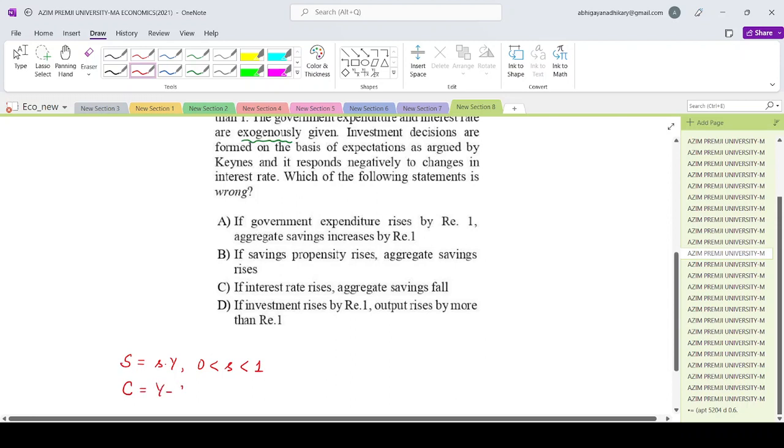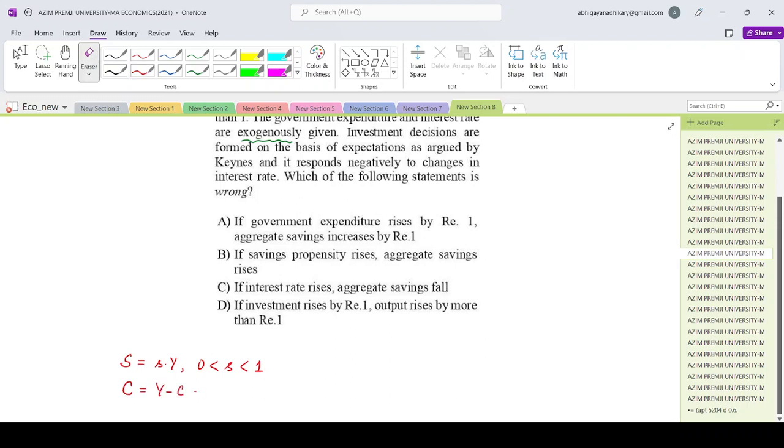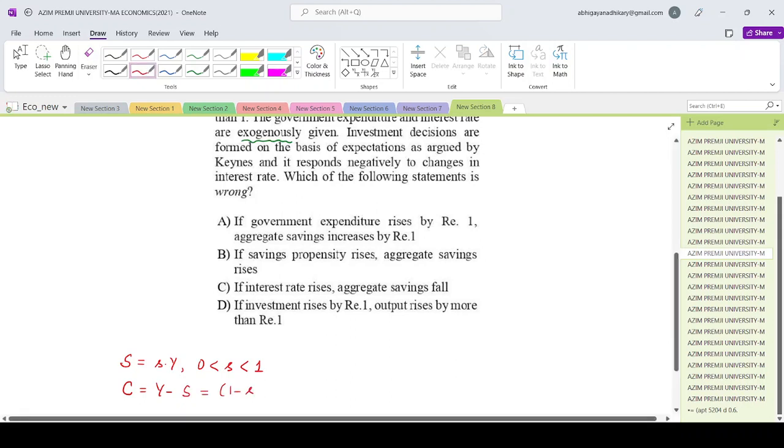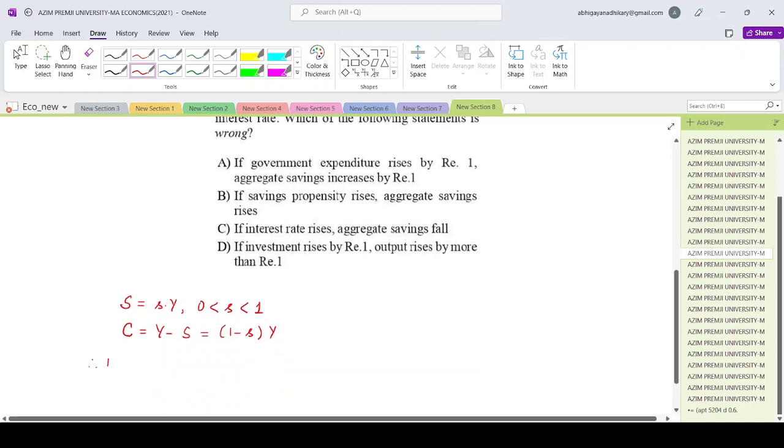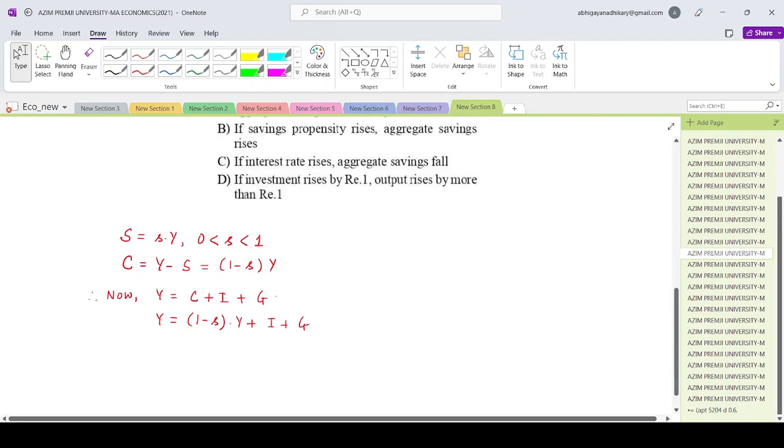So consumption is y minus s, so that will become 1 minus small s times capital Y. And therefore, y is equal to c plus I plus g, correct? So y is equal to 1 minus s into y plus I plus g. Taking the y terms to the right, s times y is equal to I plus g.